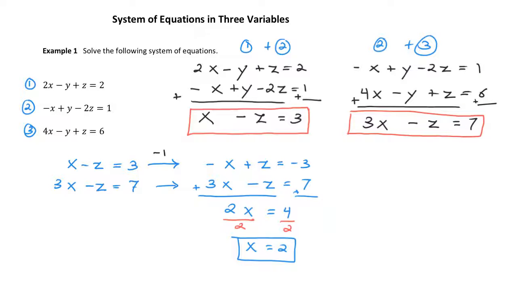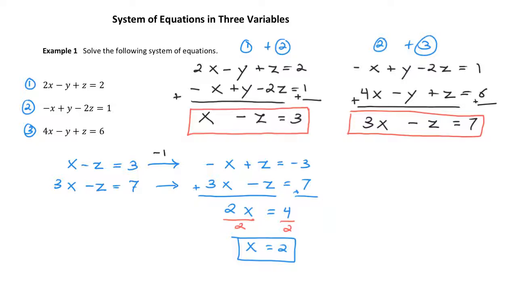So that's great. That's part of the answer to this problem. It's just that x is 2, but I still need to know y, and I still need to know z. I can use any equation that I currently have to figure those things out. Let's say I want to figure out z. I'm going to look up to this equation, because I have an x and a z in it. I'll put 2 in place of x and solve for z.